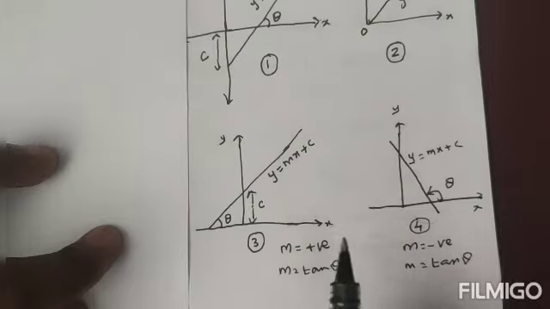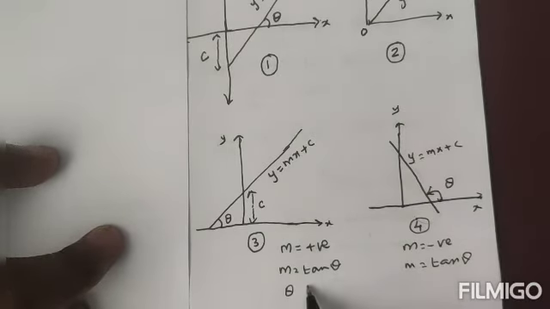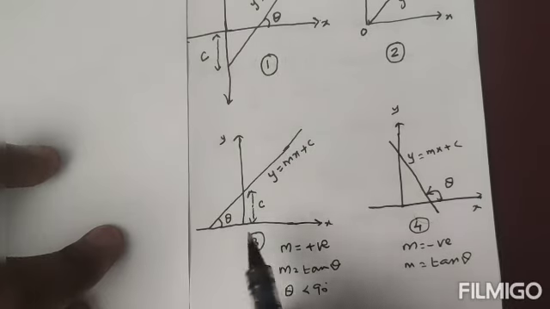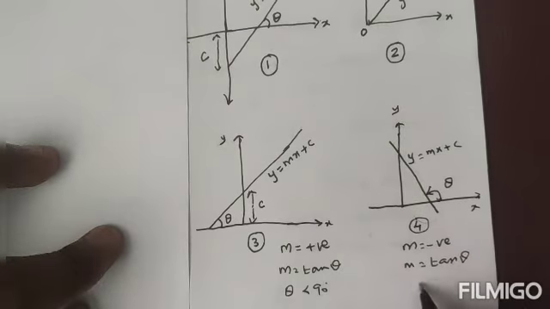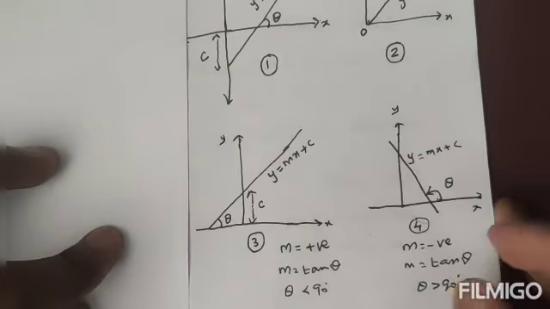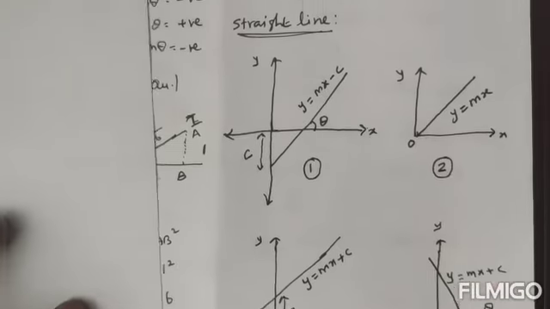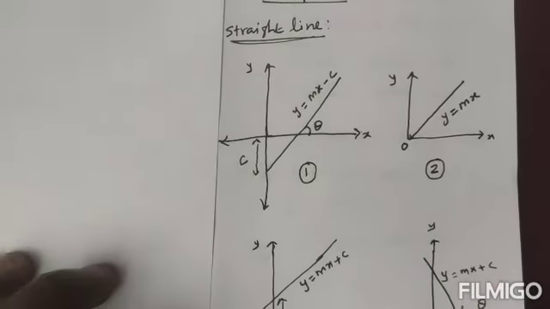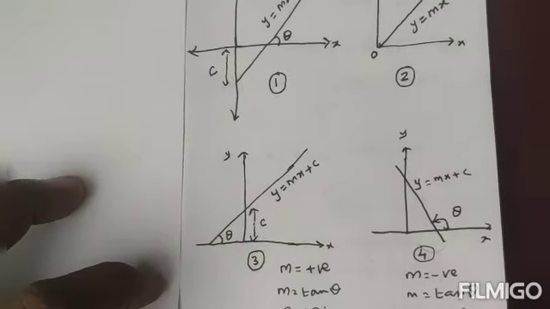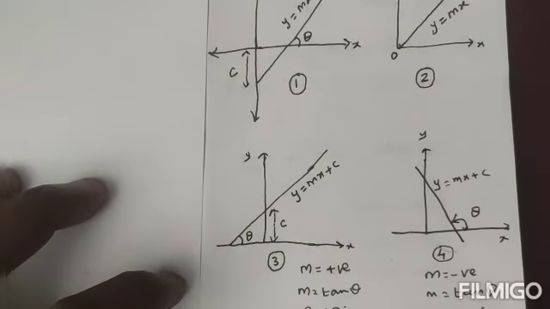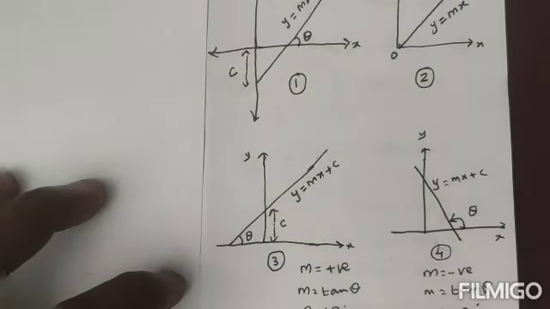And one more main difference: here theta is less than 90 degrees, but here theta is greater than 90 degrees. Okay, so these are the four models based on the straight line. I hope you understood. Next model, let's see the parabola.